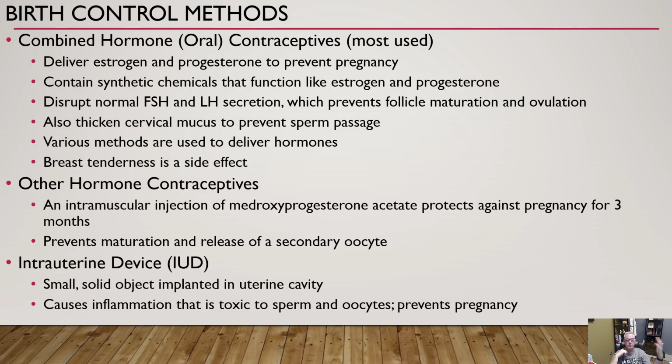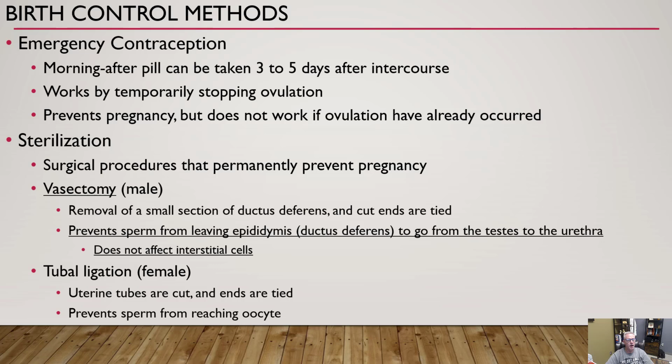You can get an intramuscular injection that's good for 3 months. There's IUDs, or intrauterine devices, that a practitioner can put inside your uterus. Let's see, there's emergency contraception that is typically called the morning after pill.